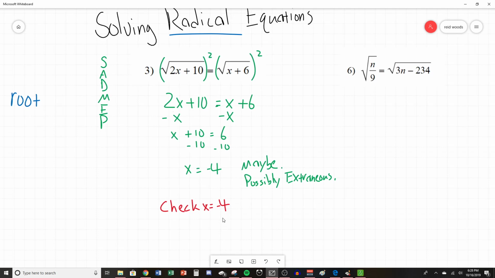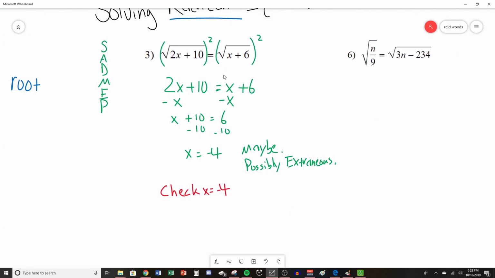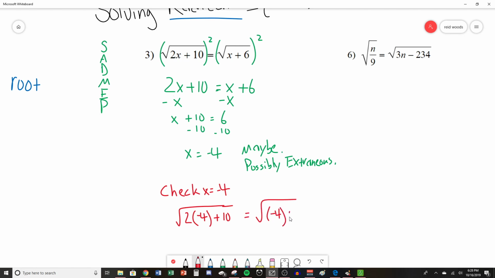How we do that, we're going to take the original equation up here and we're going to rewrite it. Instead of putting x's, we're going to try this -4 in its place. So I have square root of 2 times -4 plus 10 equals square root of -4 plus 6. All right, and what you're going to be doing is you're just simplifying these.